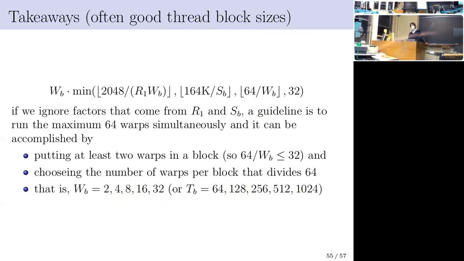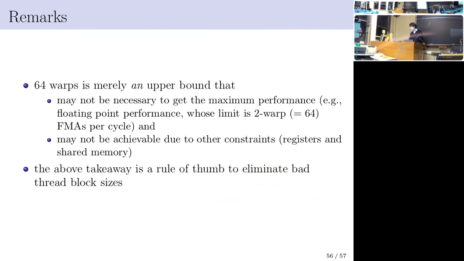These are good numbers. Another limitation that I didn't talk about is that the maximum number of threads per block is limited to 1024, so you cannot have a thread block with 2048 threads. These are often good choices, so this is one thing you might want to remember.